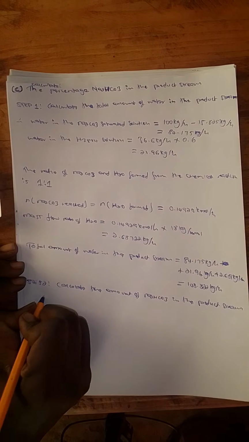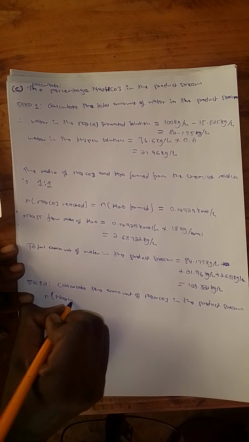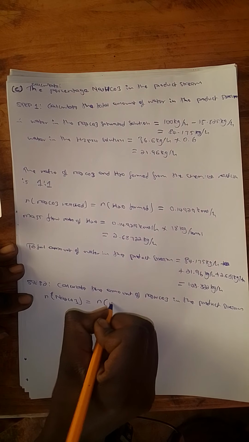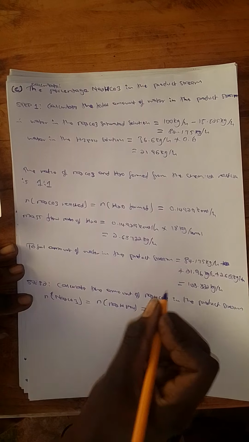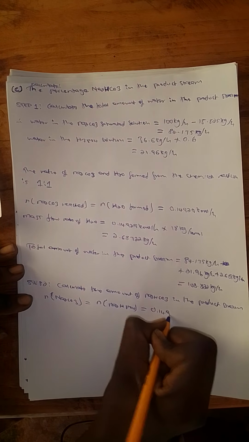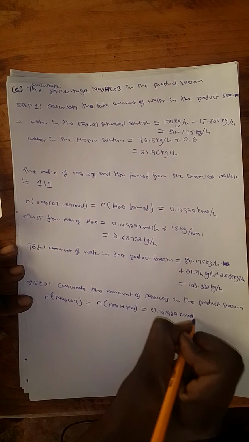So that means that the number of moles of Na2CO3 is equal to the number of moles of Na2HPO4, which is, here we have it, 0.14929 kilomole per hour.